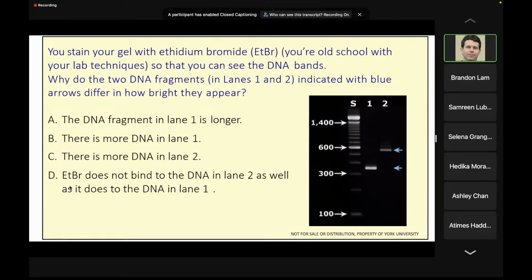Okay, 56% of the class saying B. There is more DNA in lane 1 than there is in lane 2. That is correct. The difference in brightness reflects how many PCR products are there. If you have more copies, you have more DNA. So this one might be twice as many copies as this one here.